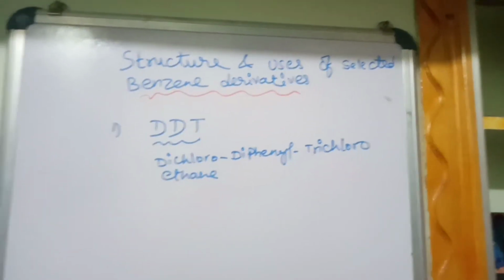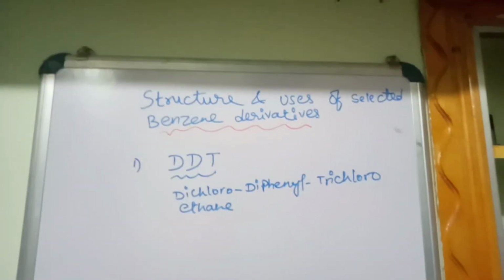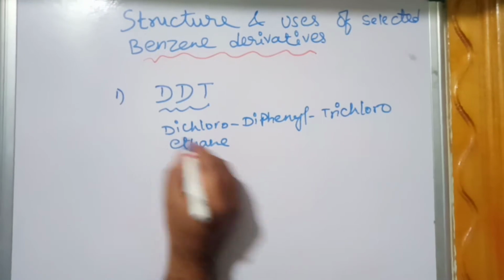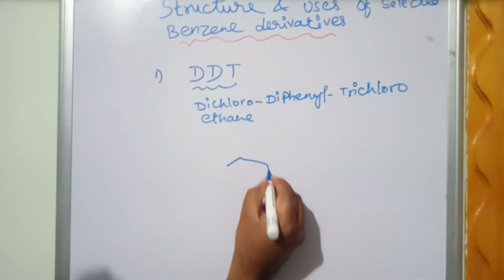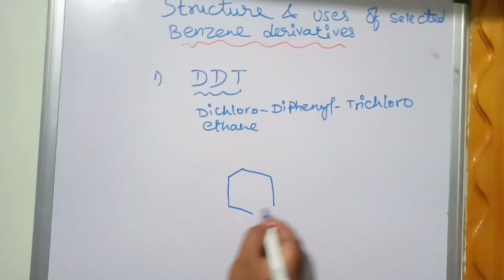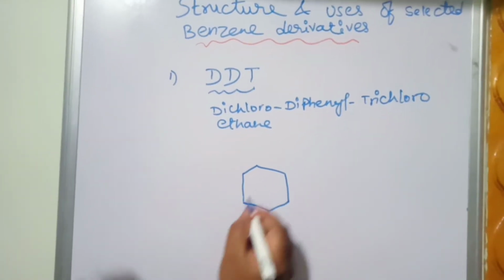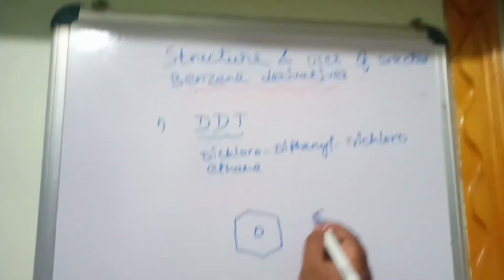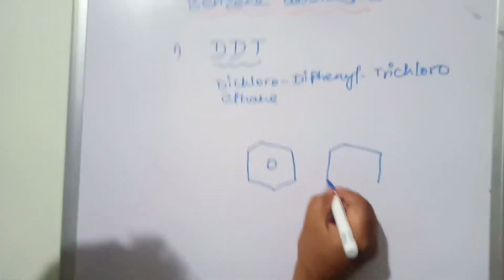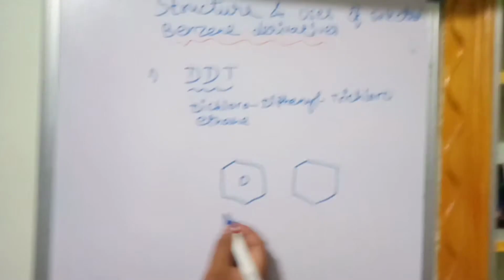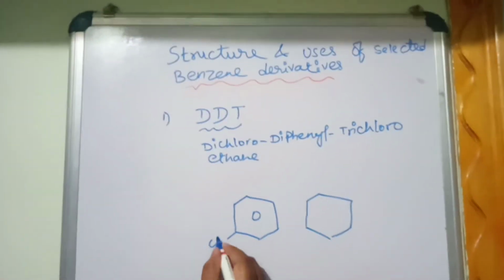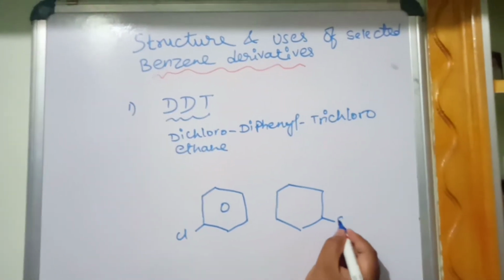Now let us see its structure. Its structure is very simple. First, diphenyl. Diphenyl means two phenyl groups, and phenyl means a benzene ring. So this is one benzene, and this is another benzene. That is nothing but diphenyl. Dichlorodiphenyl means on the phenyl rings there is a chlorine group.